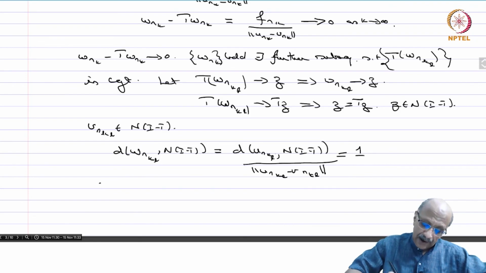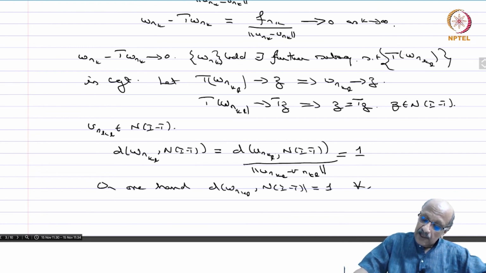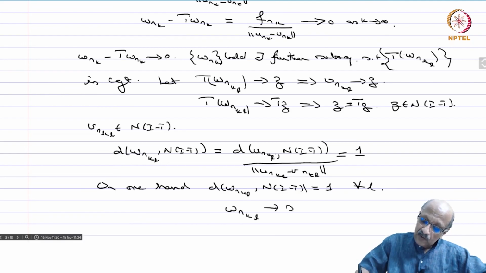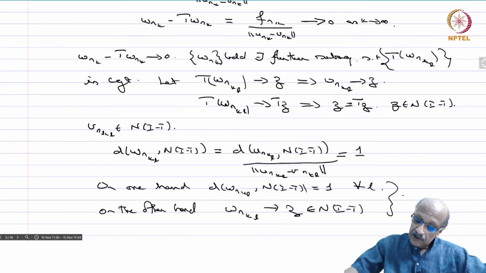So, on one hand, distance of Wnkl from N of I minus T equals 1 for all l, and Wnkl converges to Z on the other hand, which belongs to N of I minus T, and that's a contradiction.